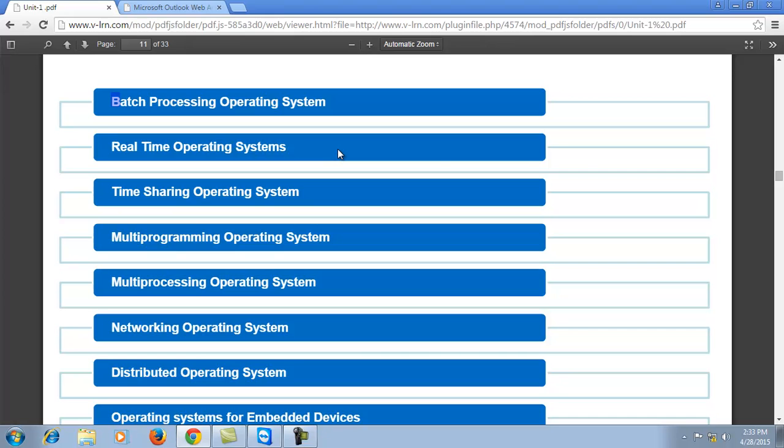Now come to the time sharing operating system. In a time sharing operating system, we input a number of tasks, say job 1, job 2, job 3, into the system, and we allocate time slots to all of them for executing their processes. After completing their process, they leave the queue, or they leave before completion if their time is complete.